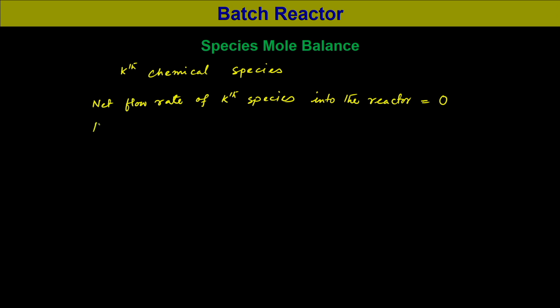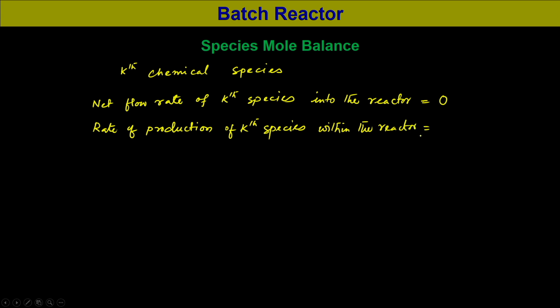The rate of production of kth species within the reactor would be, V is the volume of the reactor and there are m number of reactions going on, V times the summation over i equal to 1 to m of alpha i k r i.